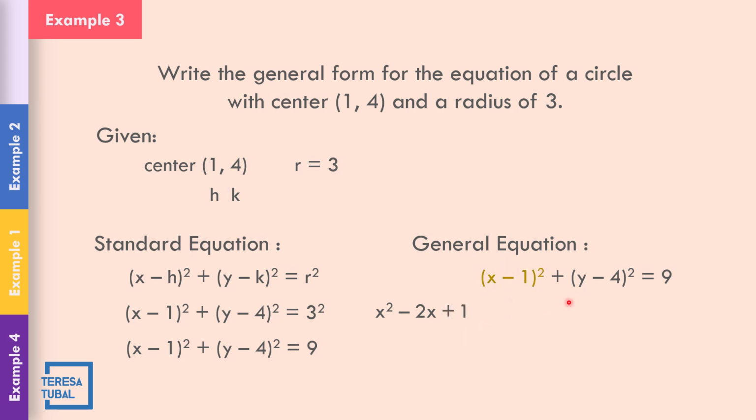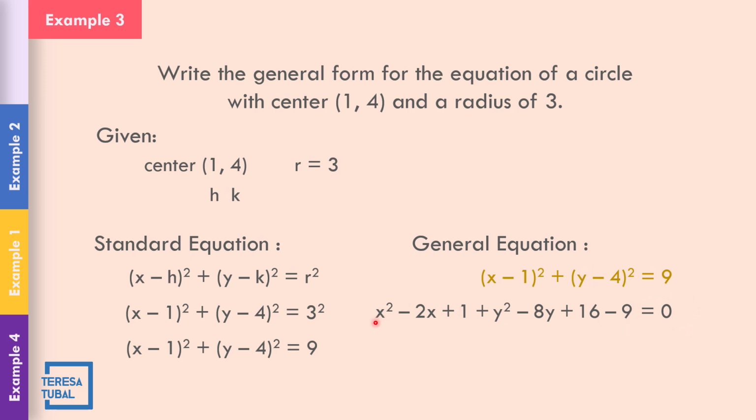Then let us square this binomial: y times y is y squared, 2 times y is 2y times negative 4 is negative 8y, negative 4 times negative 4 is positive 16. And then positive 9, going to the left, changes sign, so that becomes negative 9 is equal to 0.